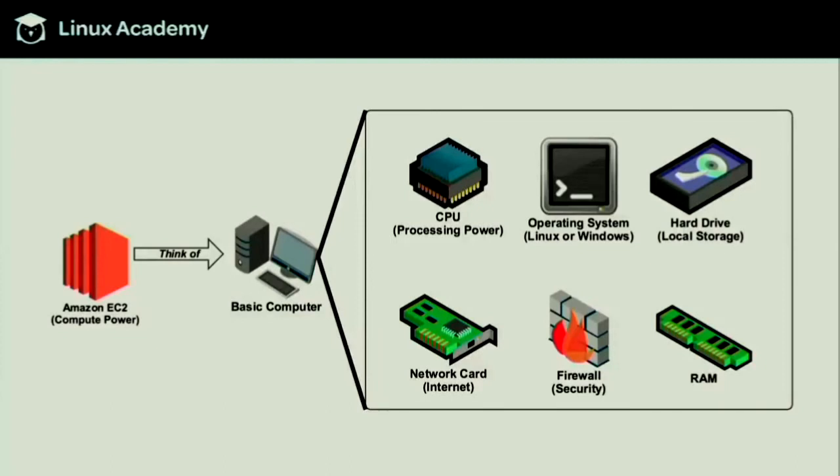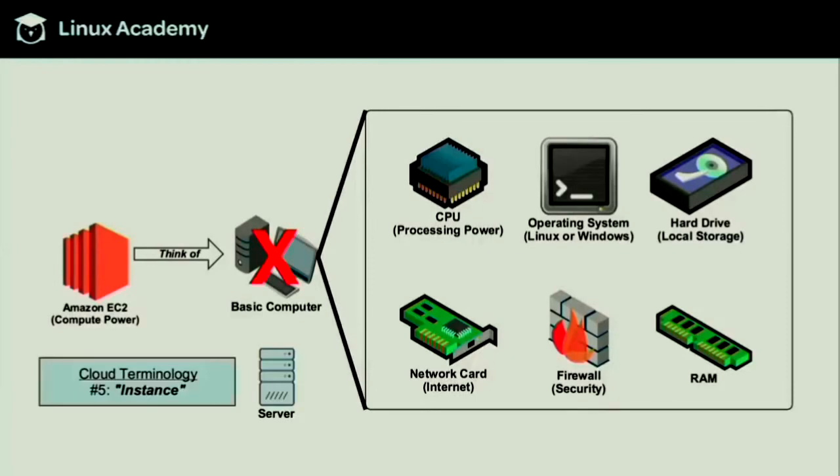However, in terms of AWS, I don't want you to actually think about a base computer. I want you to think about a server computer, because generally AWS is used by enterprise companies, and generally they're using these computers or this compute power as servers. So now I want to introduce another piece of cloud terminology called instance. A lot of times in AWS, an EC2 server will be referred to as an EC2 instance.